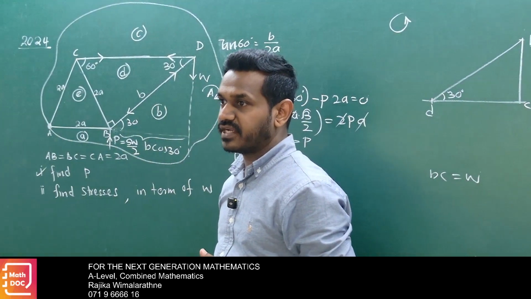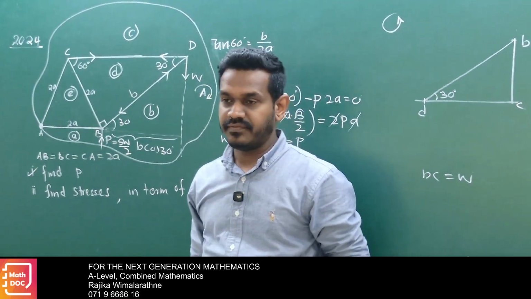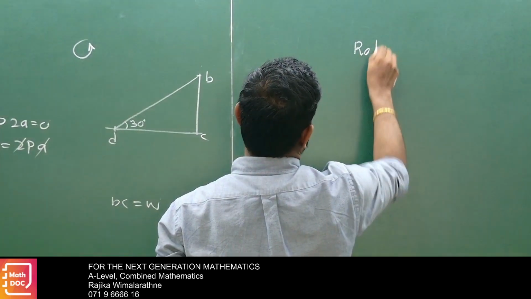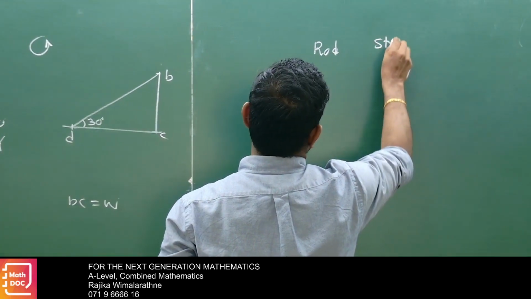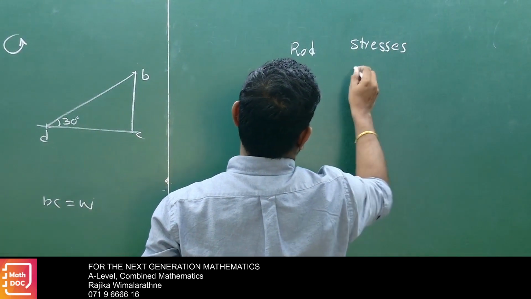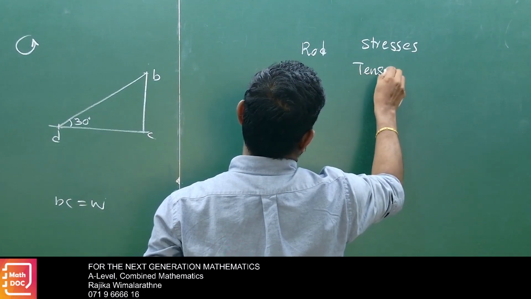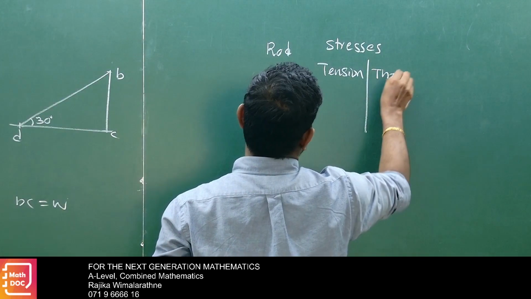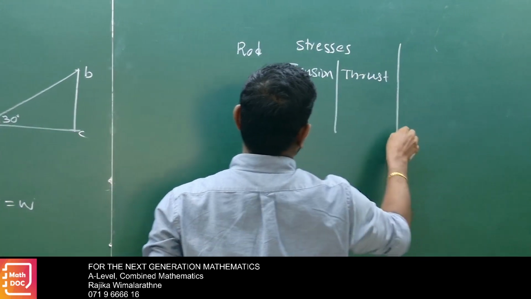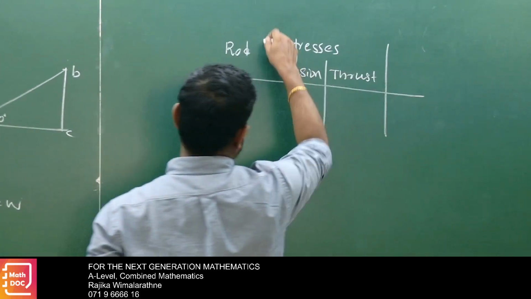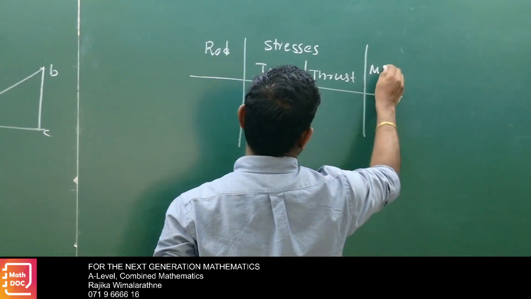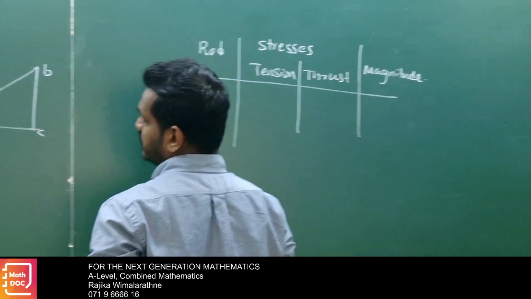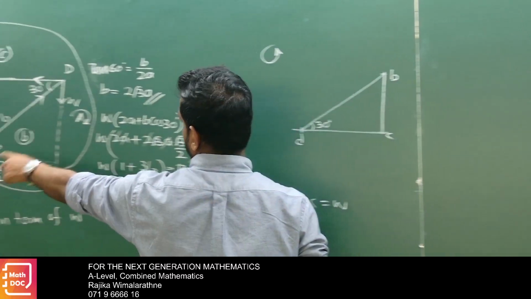Now at the same time we better update the table. Here the table represents rod, stresses, tension or thrust, as well as magnitude. So you better start with these two rods, BD and CD.